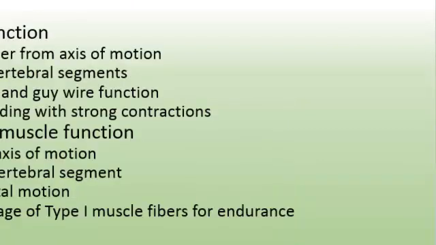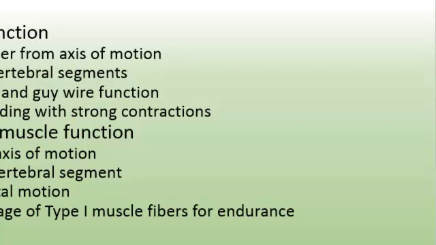And so here's a list of different muscles. The global muscle function is more superficial. It's further away from the axis. It crosses multiple vertebral segments. It produces that motion and that guy wire function. And it has compressive loading with strong muscle contractions.